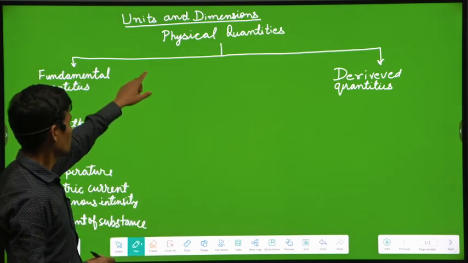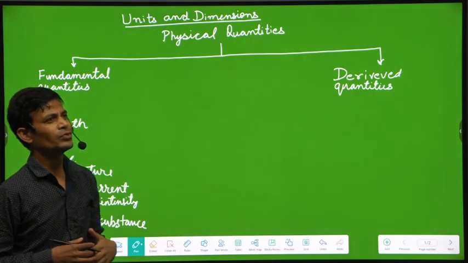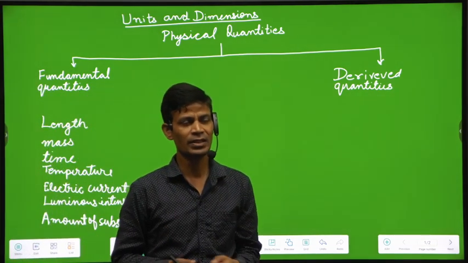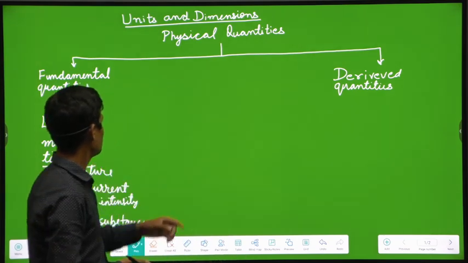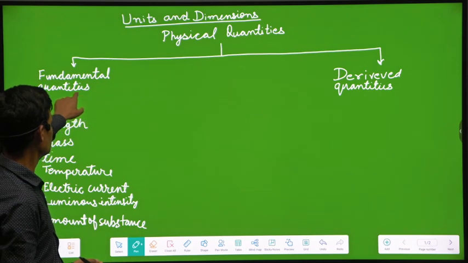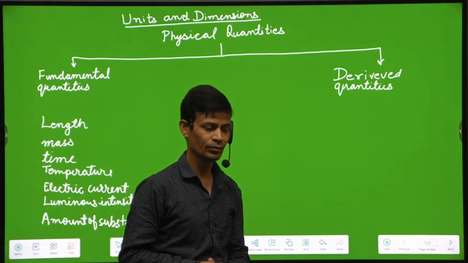So now a physical quantity can be classified into different forms, different ways, but here I'm categorizing it into two parts: fundamental quantities and derived quantities.